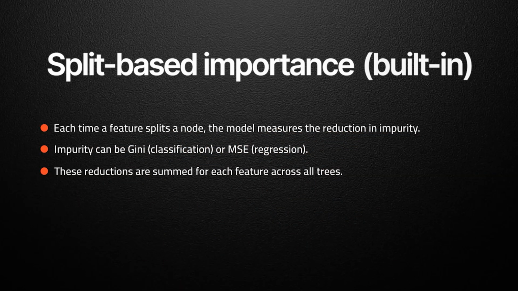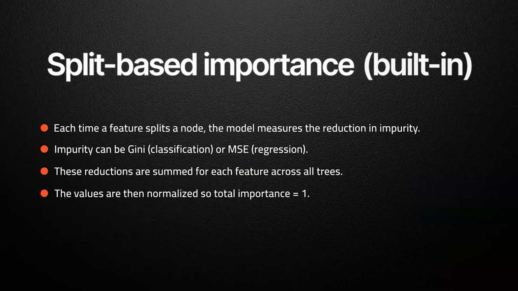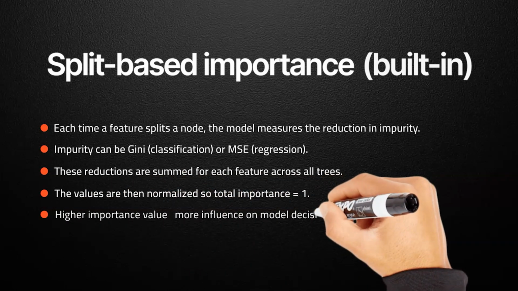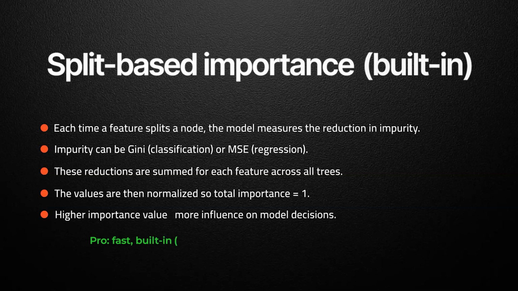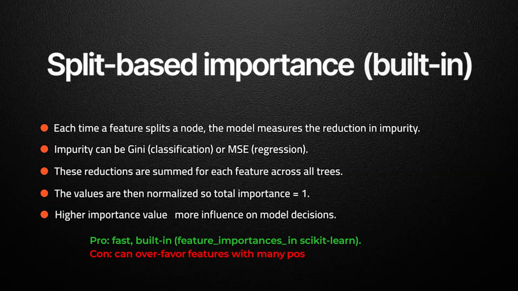It adds up those reductions for that feature across all trees. It then normalizes so that the sum of these importance scores is equal to 1, and a bigger number means it's more important. A good thing about it is that it is fast and comes built in with implementations like scikit-learn. A disadvantage of this method is that some features might have many possible splits just because of high cardinality, and hence the algorithm overfavors these features.